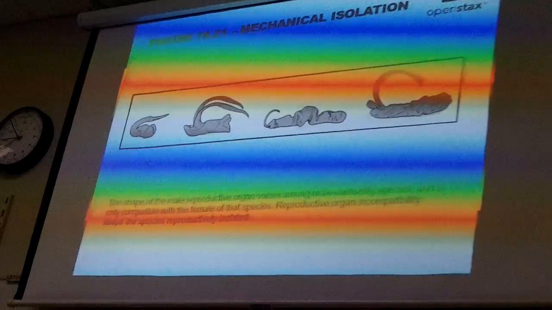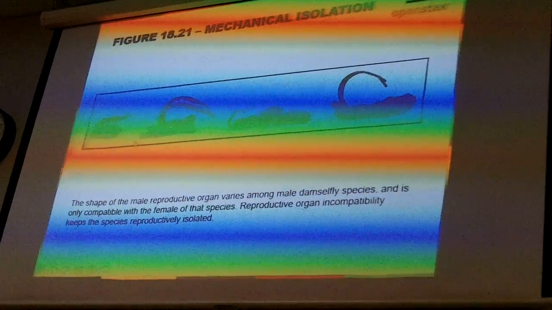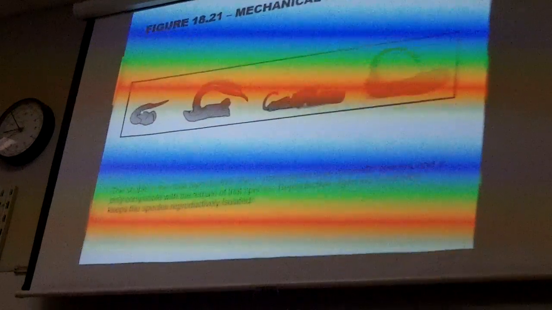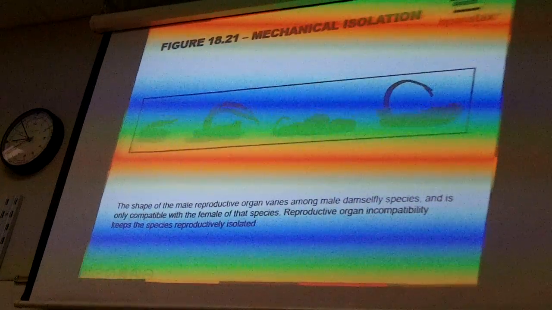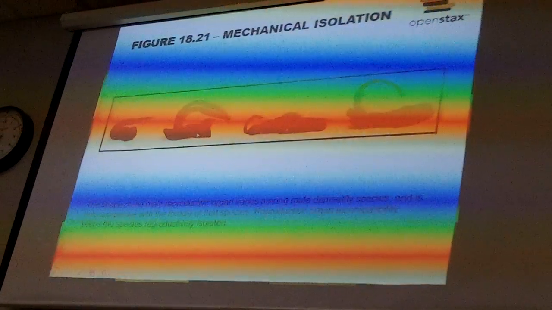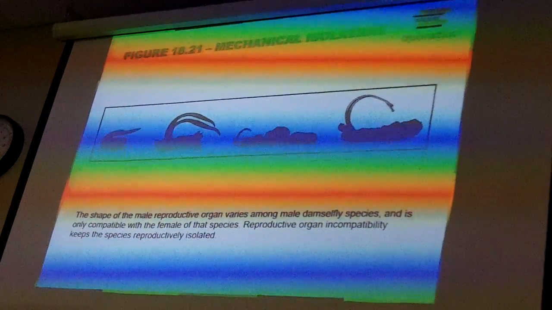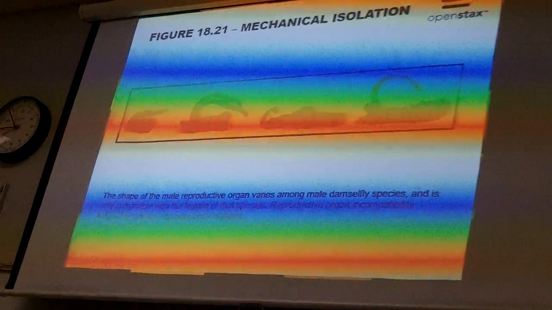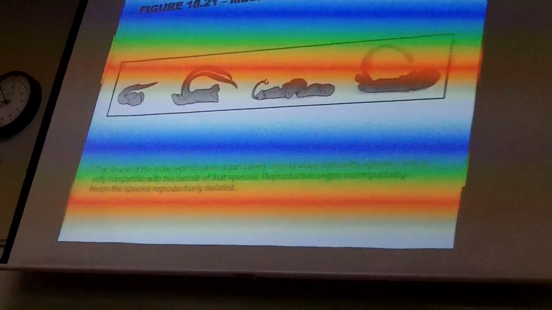You're looking at male damselfly penises. That'll get your attention. That'll wake you up. These insert the sperm into the female. And look how different they are. If you have this appendage, and you come across a female that only accepts this appendage, you aren't going to be able to mate with her, even if you wanted to.